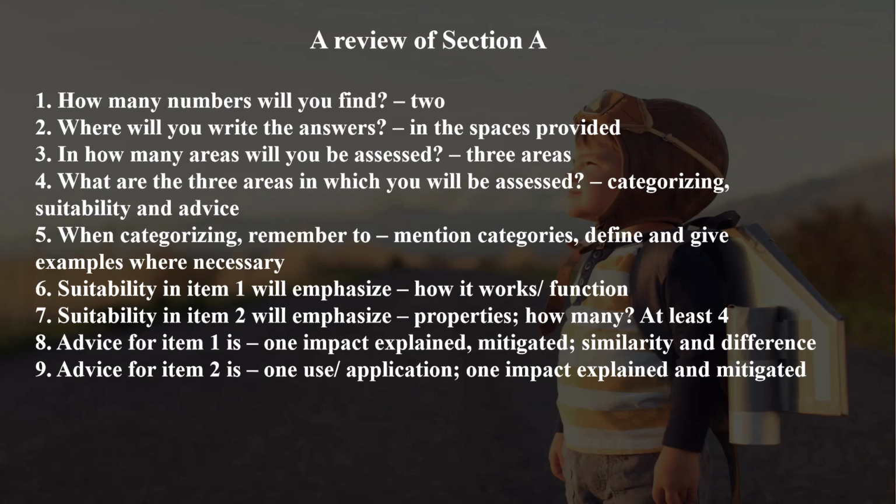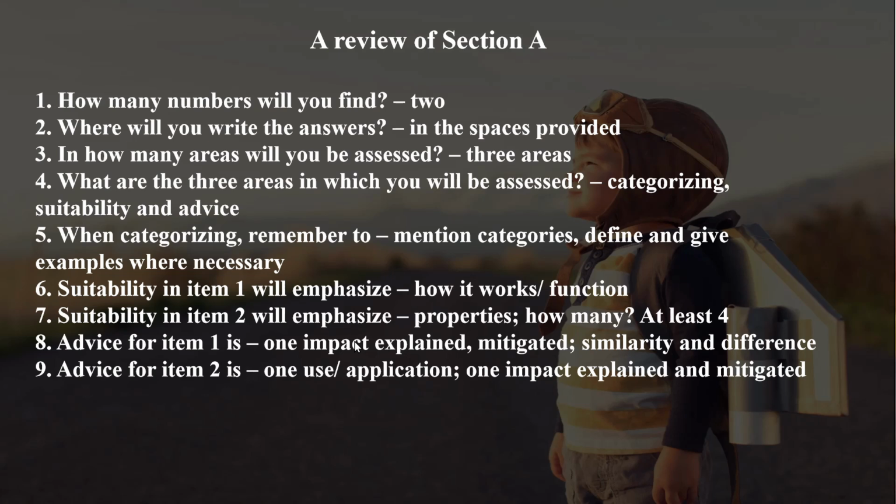Yes, after explaining how it works, you give the effect on human life and mitigate it, and you give an advice based on similarities and differences. But for item 2, you give properties. Suitability in item 2 will be emphasized on properties. You give at least 4.